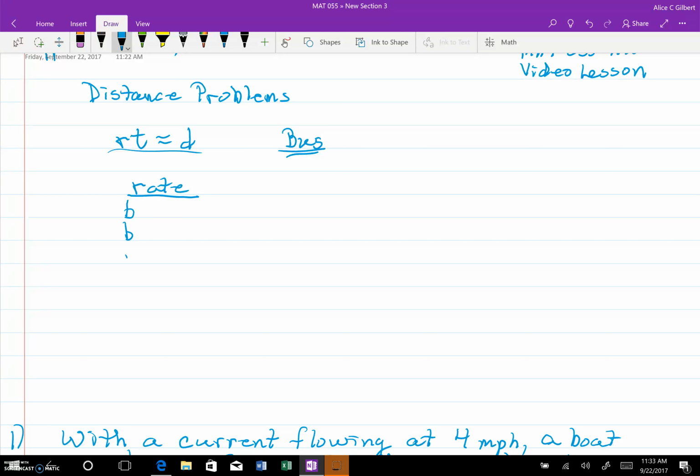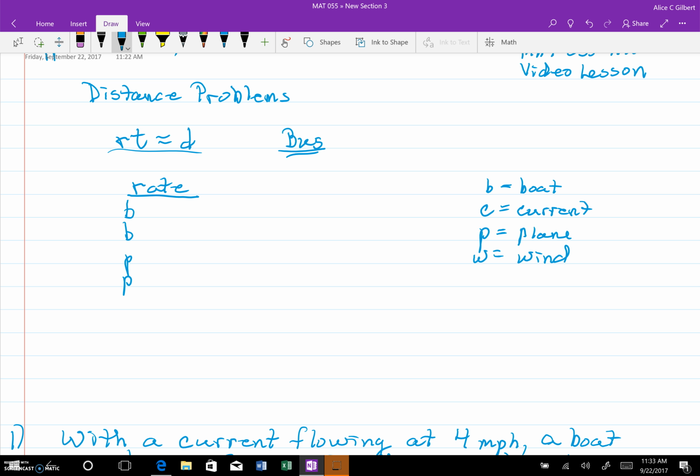So if we're talking about boats, let's say, so B would equal boat, the speed of the boat. C would equal the speed of the current. P would equal the speed of the plane. And W is equal the speed of the wind, etc. Things like that, okay?